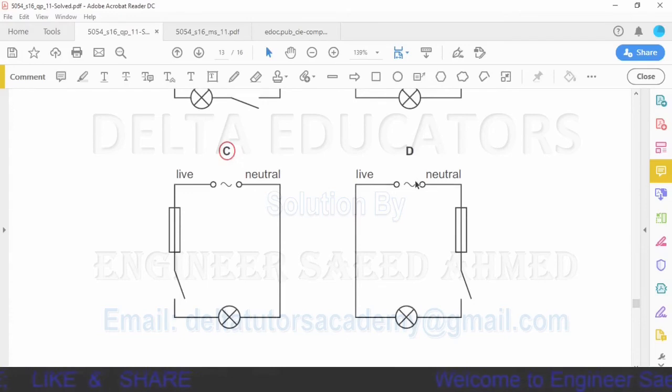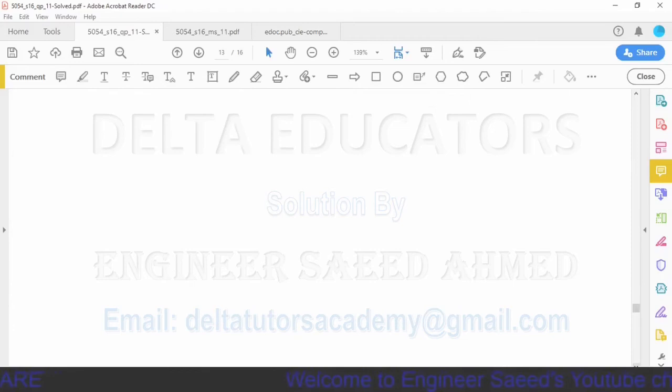In option D, both the fuse and the switch are connected in the neutral wire, so this option is incorrect. So the only correct option is option C, where the fuse is connected in the live wire and the switch is connected between the fuse and the lamp.